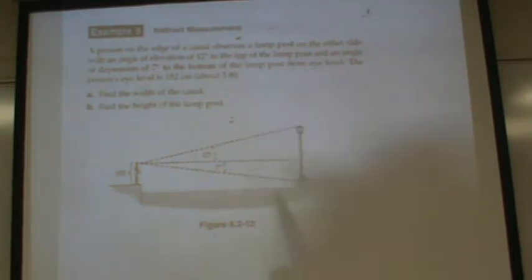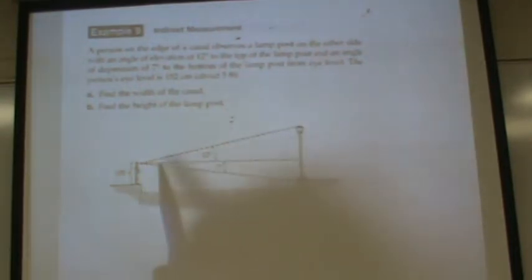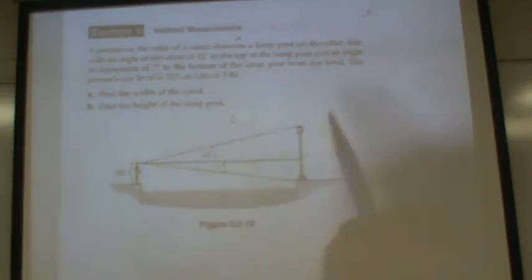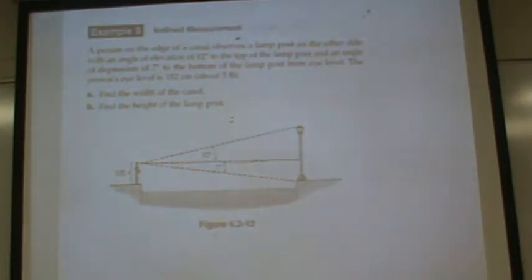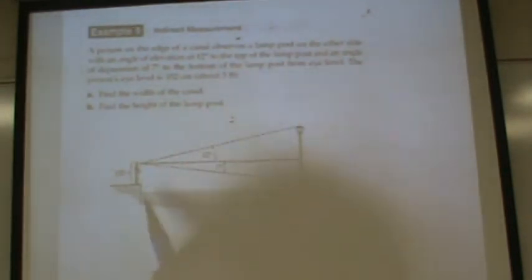So for part A, we're looking for our horizontal. So we're looking for how long it is from our guy to the lamppost. Now, do we know anything else besides what is labeled here?